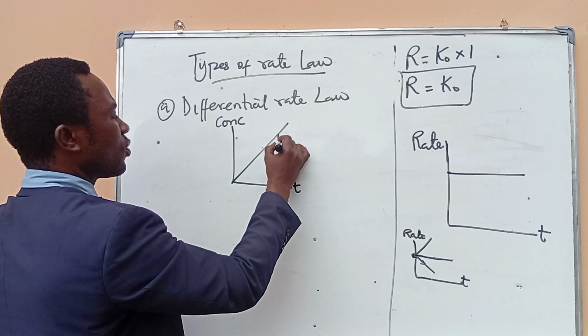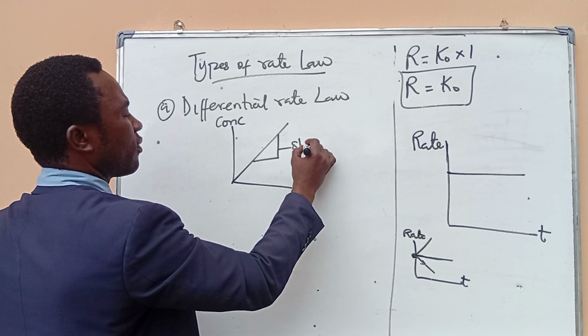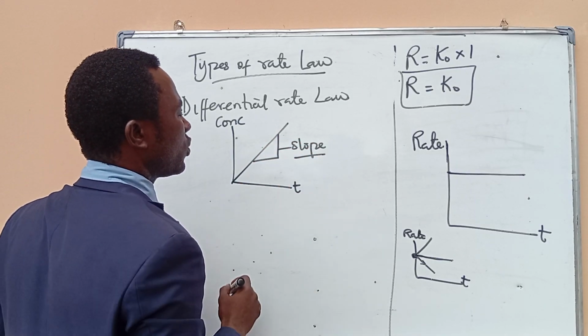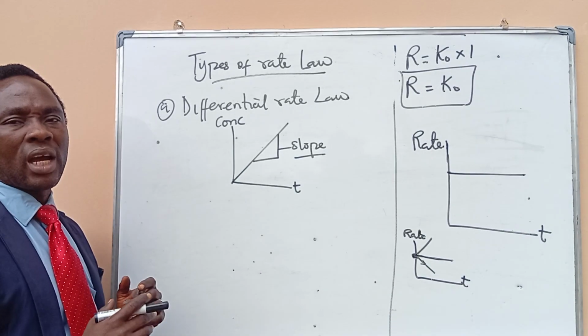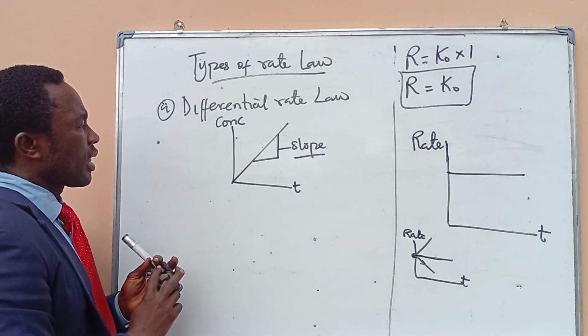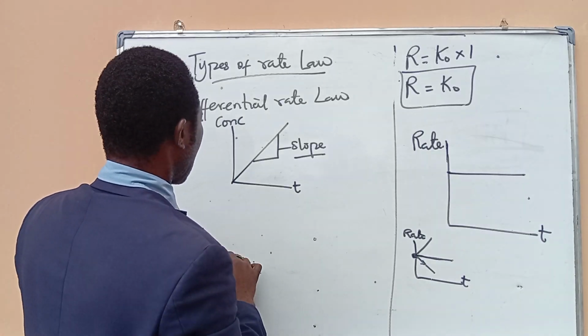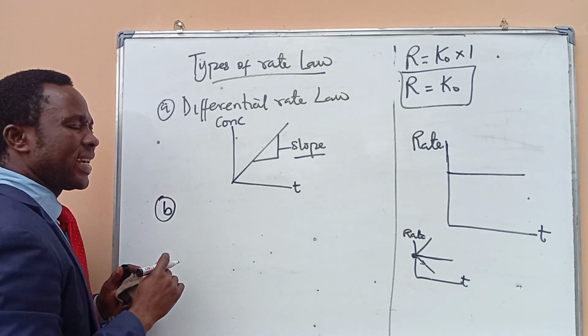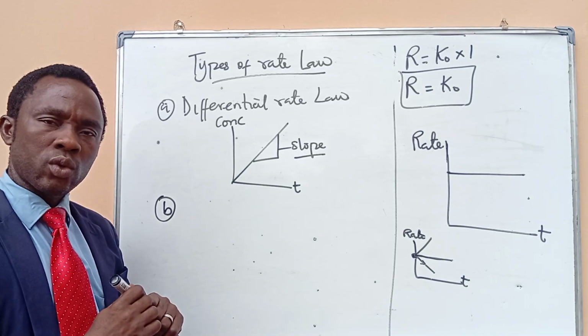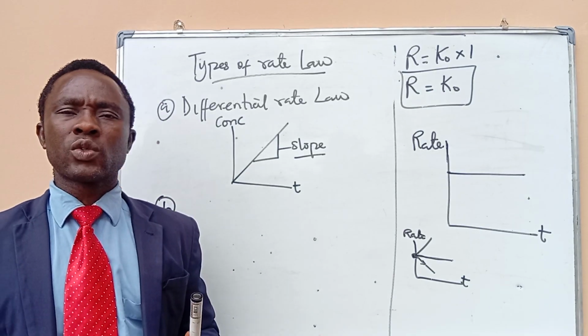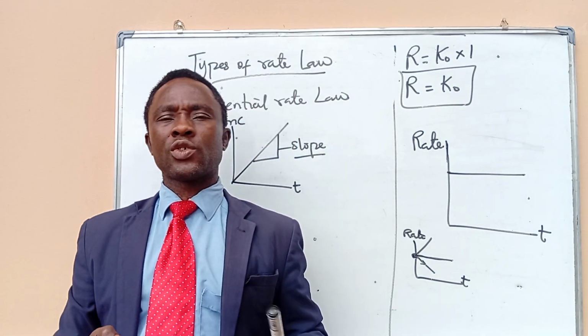If you take the slope of the graph, that will give you the instantaneous rate, which is the differential rate law. Now, the second one is B, the integral rate law. The integral rate law is that rate law that shows us how concentration changes with time.